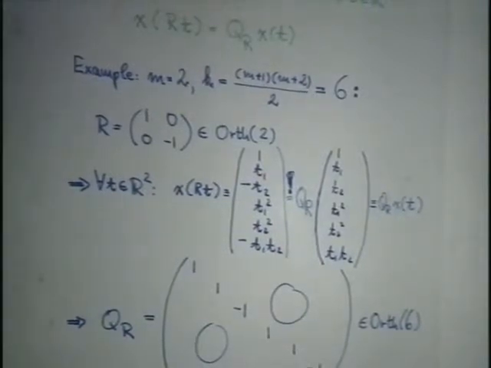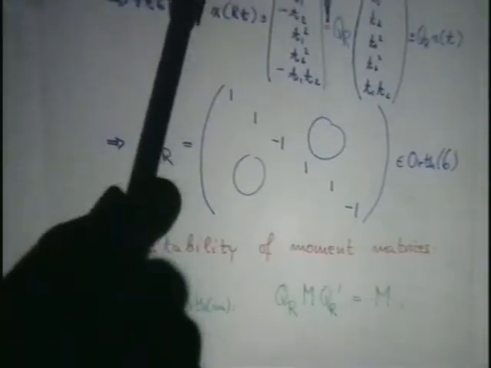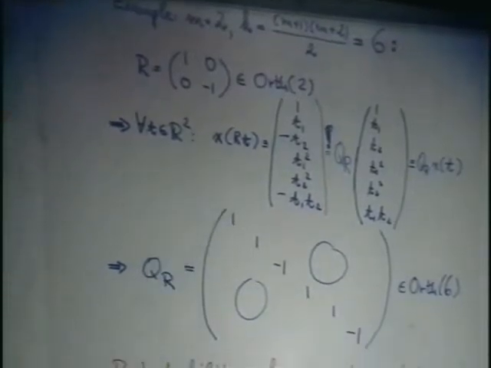Now, rather than looking at the abstract statement, let me show you an example. When we have 2 experimental conditions and a second order model, we get a regression vector of dimension 6. Now I'm going to choose a particular rotation. This one leaves the first axis fixed and the second axis is flipped around because the sign is changed. So what we require is that we apply this to an arbitrary vector T and then compute the regression vector. What do we get?